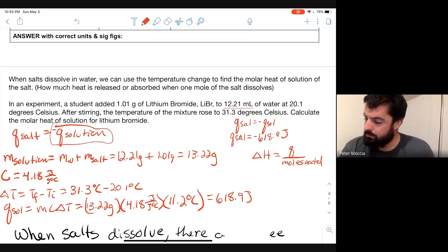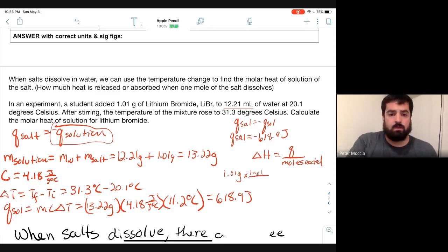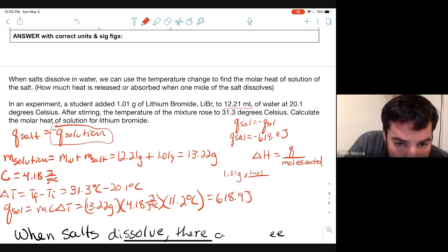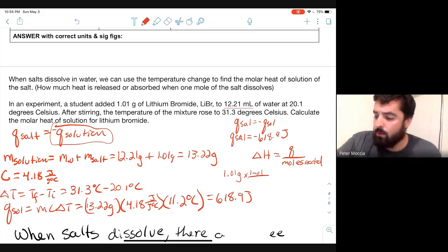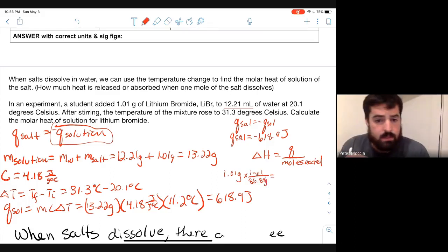Okay, so we have 1.01 grams, and we're just going to divide by the molar mass, 1 mole divided by 86.84 grams, and that's 0.0163 moles.